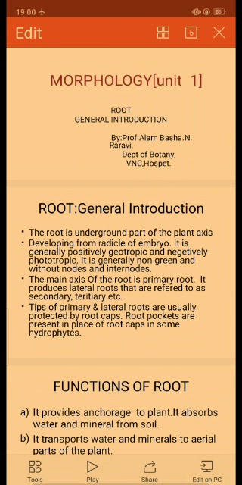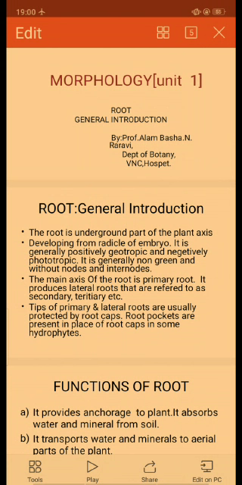Now I am explaining to you the root system. The root is the underground part of the plant axis. You know that in the embryo, it can be differentiated into radicle and plumule.